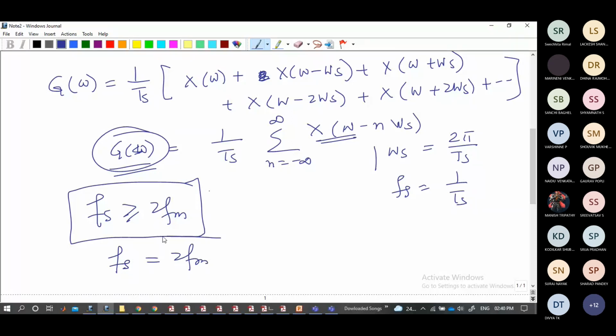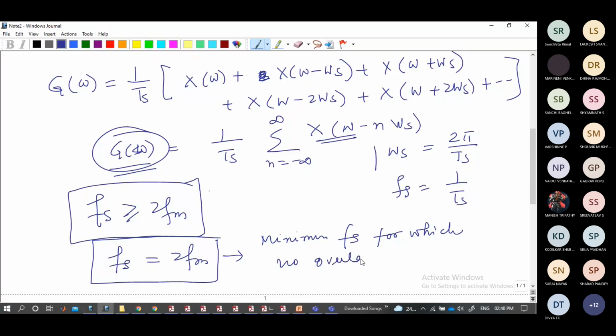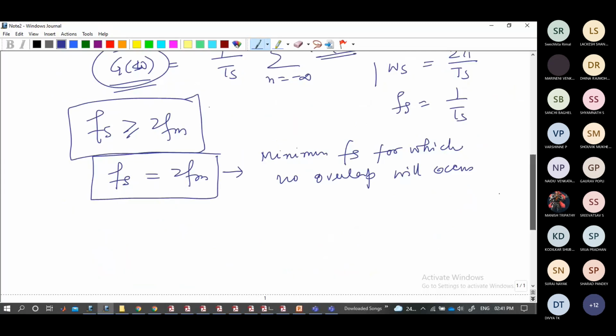Please observe carefully: greater than or equal to is the best condition, but fs equal to twice fm is the minimum sampling rate for which the overlapping will not occur. So please make a note: this is the minimum sampling frequency fs for which no overlap will occur.